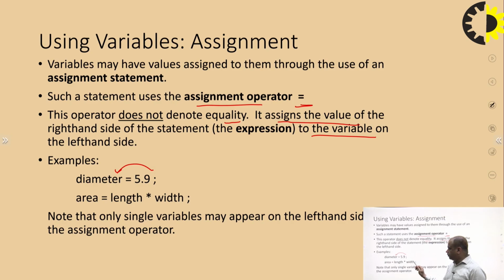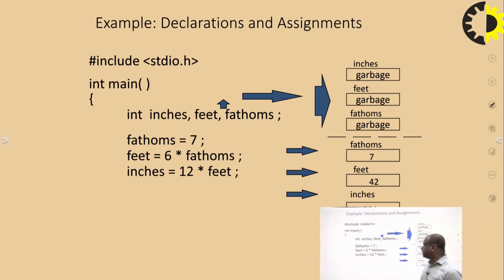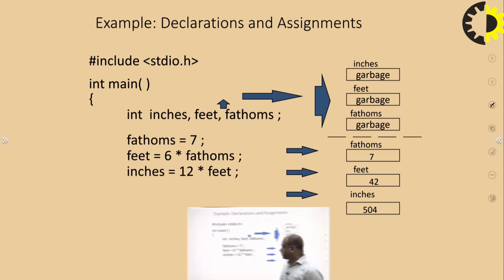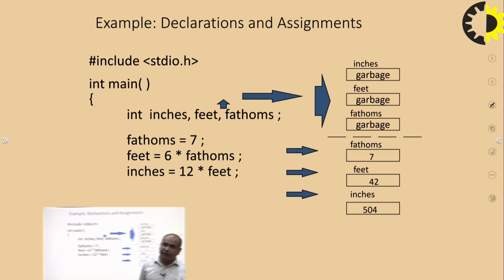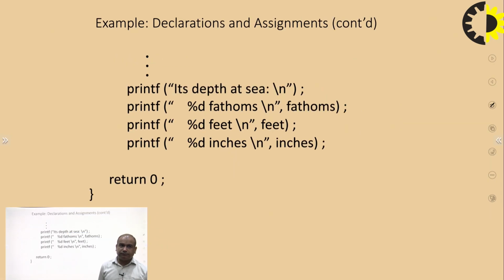Like length into width is assigned to area. Note that only a single variable may appear on the left hand side of the assignment operator. So here in this example, I take 3 variables, integer inches, feet and fathoms. Fathoms value is 7, feet equal to 6 into fathoms, inches equal to 12 into feet.